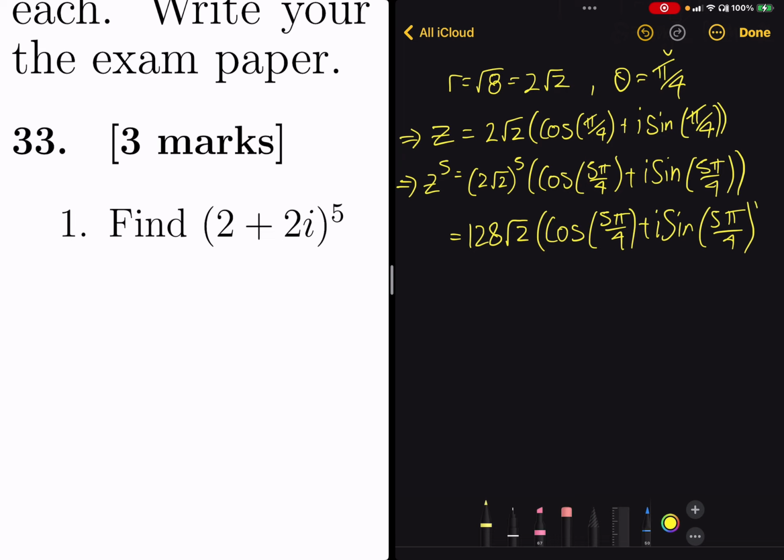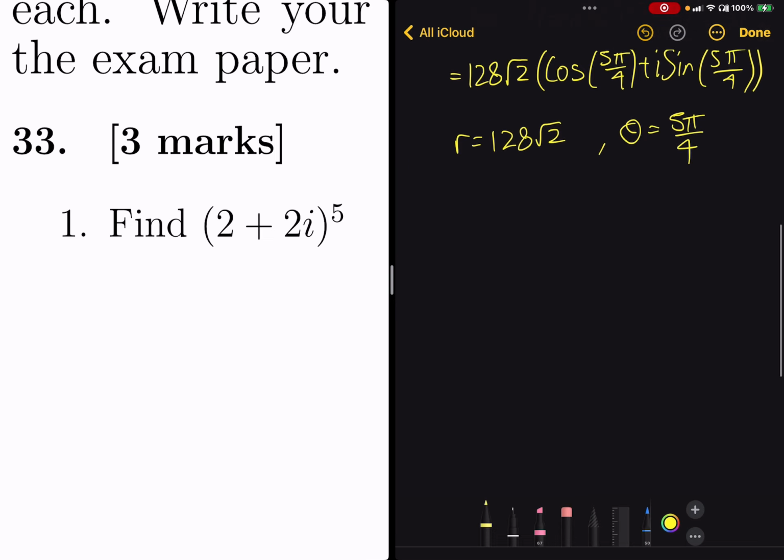on 4. Now this is a polar coordinate vector that has length 128 root 2 and it has theta 5 pi on 4. So if we draw this, this is 0, this is pi on 2, this is pi, this is 3 pi on 2.